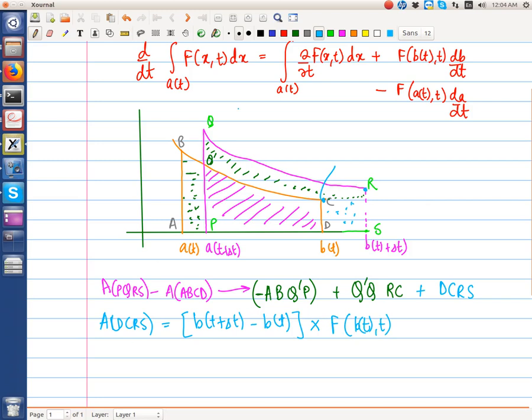Similarly, the area lost ABQ'P is equal to a at t plus delta t minus a at t, this is the base, multiplied by f at a comma t.